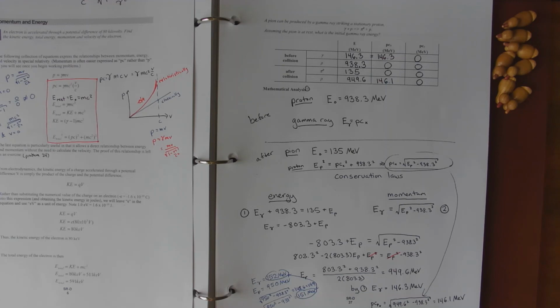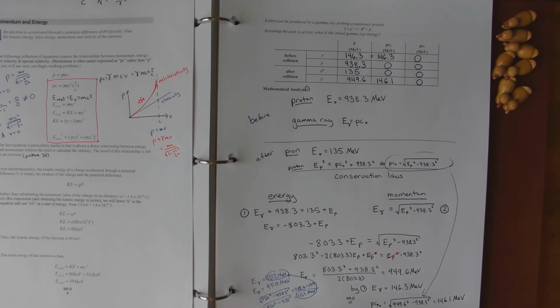So that would be 950 plus 135 for the total energy after the collision. Then subtract the rest energy for the proton, and you get 147, which didn't really help a whole lot.